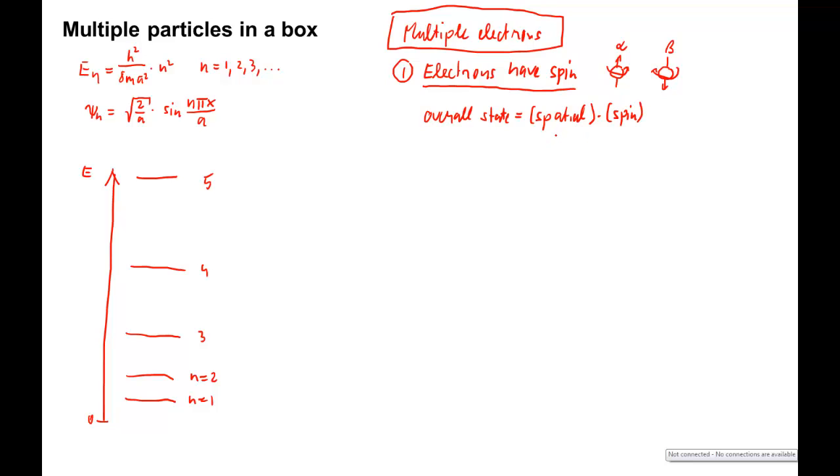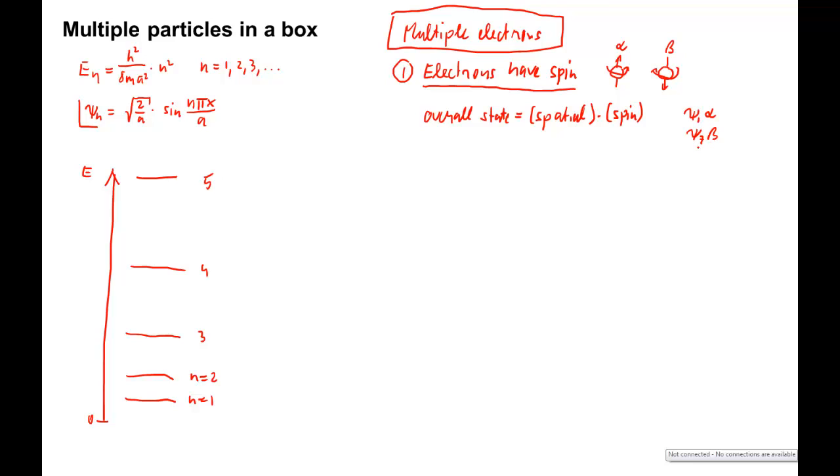The spatial state is one of the energy eigenfunctions, psi n. The spin state is either alpha or beta. So for example, the overall state would be psi 1 alpha or psi 7 beta.